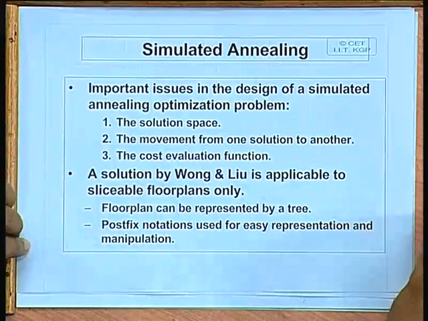There we had mentioned that the approach is based on a very unique representation of the solution, namely for a given floor plan you have the slicing tree topology, assuming that it is a sliceable floor plan, and you take the Polish postfix equivalent representation of the tree, and that Polish expression will be your representation of the solution. So, basically the simulated annealing formulation is based on that Polish postfix expression.